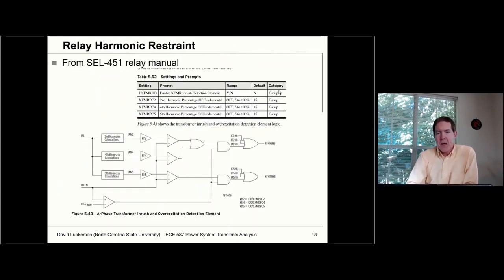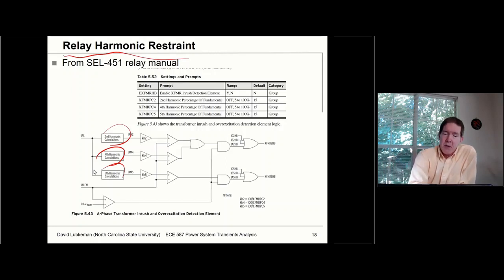And when I talk about relays and how we're going to deal with something like this, the typical way you deal with this in a relay is you make use of what's called a harmonic restraint. If you have an overcurrent function, you're going to be generating another signal that is looking at second harmonics or fourth harmonics or possibly fifth harmonics.